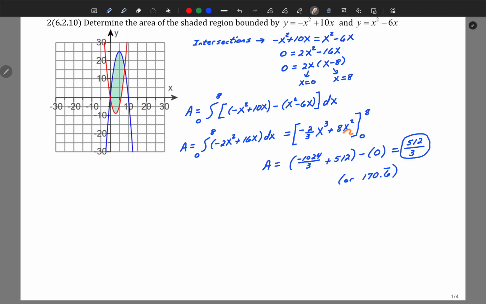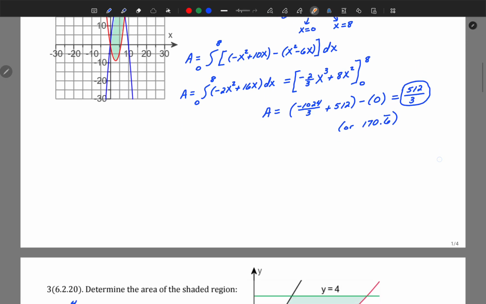And then plus 8 cubed, which is your 512. I got a common denominator here between these first two, of course, and ended up with an answer of 512 over 3. I would prefer the fractional answer, but of course, if you give me a decimal answer, that's okay. 170.667 rounded or 170.6 repeating would also be absolutely fine.